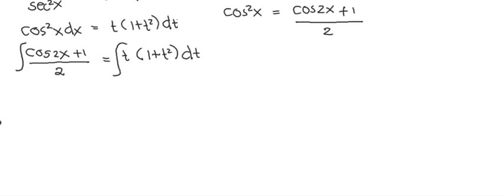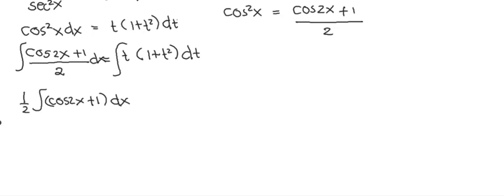We can move the constant term out of the integral sign, so we have the integral of cosine 2x plus 1 dx. Let's prioritize first the left side of the equation.